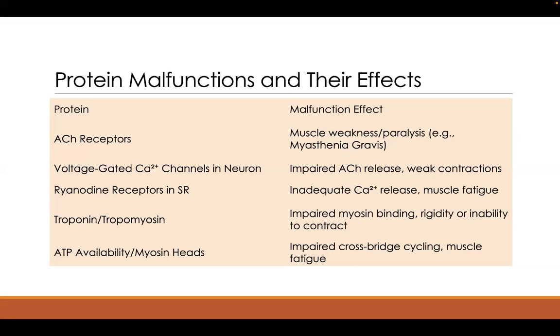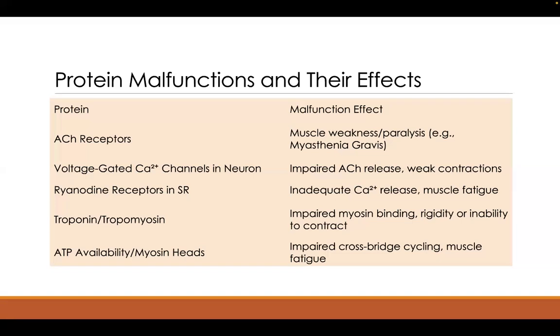Abnormalities in troponin or tropomyosin can prevent proper binding of myosin to actin, resulting in muscle rigidity and inability to contract. ATP availability is very important. Insufficient ATP or a dysfunctional myosin head disrupts the cross-bridge cycling process, causing muscle fatigue and a decrease in contractile force.